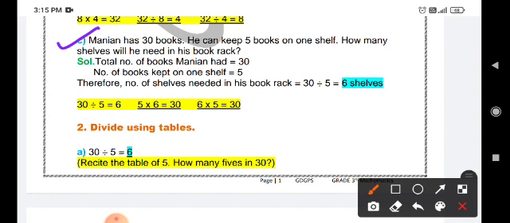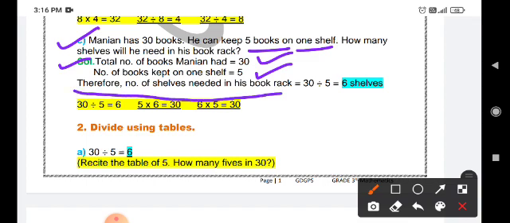Manian has 30 books. He can keep 5 books on one shelf. How many shelves will he need in his book rack? You will write the total number of books he had, 30. And how many books can he keep on one shelf? 5. That means here we need to divide in order to find the number of groups, that is, the number of shelves. Therefore, the number of shelves needed will be 30 divided by 5.